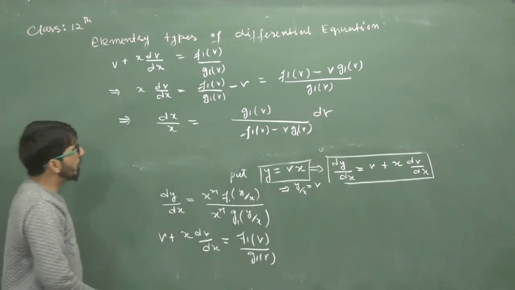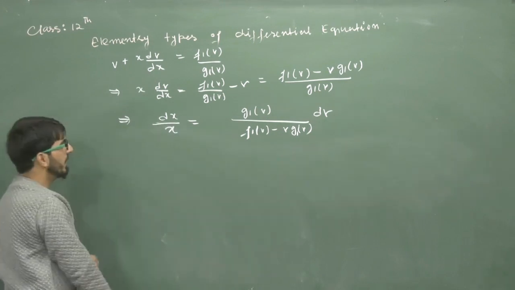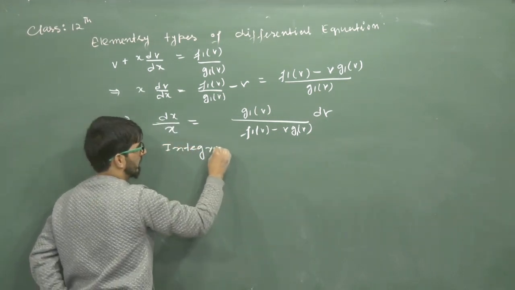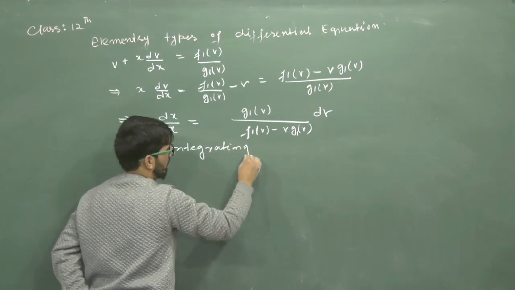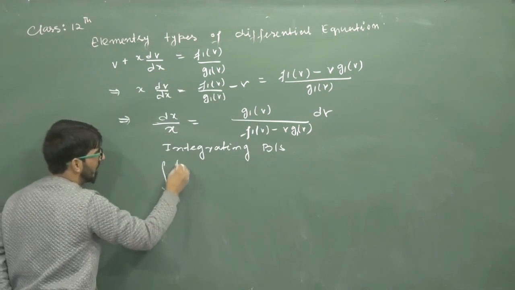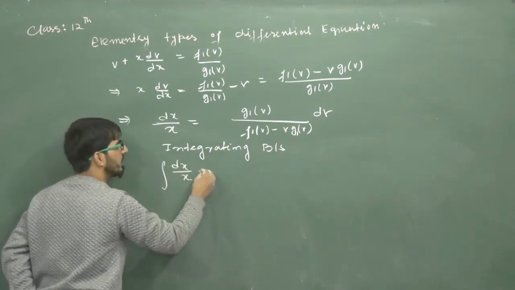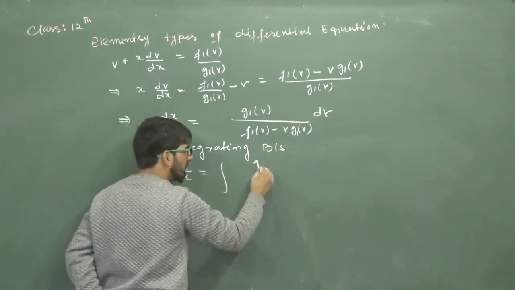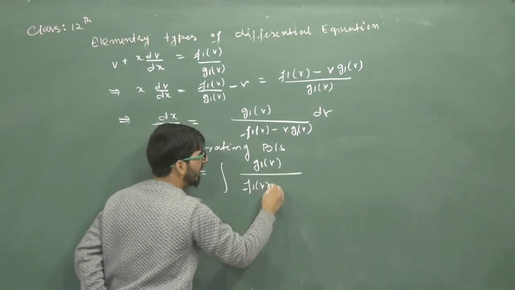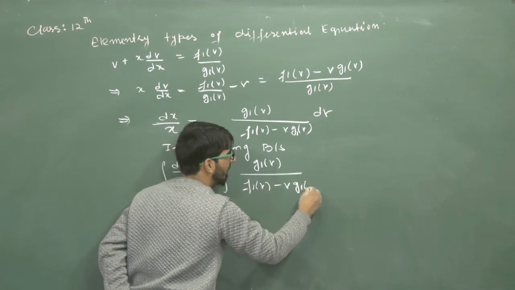So integrating both sides here, we have integral of dx by x is equal to integral of g1 of v divided by f1 of v minus v times g1 of v dv.